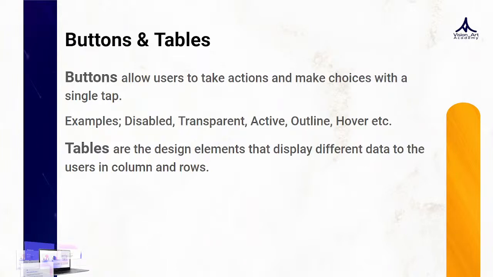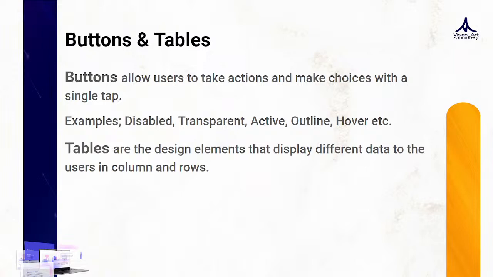We also have transparent buttons. We have active buttons. We have outline buttons. An active button is your normal button, the one that whenever you click, something happens definitely. Outline buttons are just different in design, whereby you just have an outline of your button. We also have hover buttons. Whenever you hover on a button, what happens?